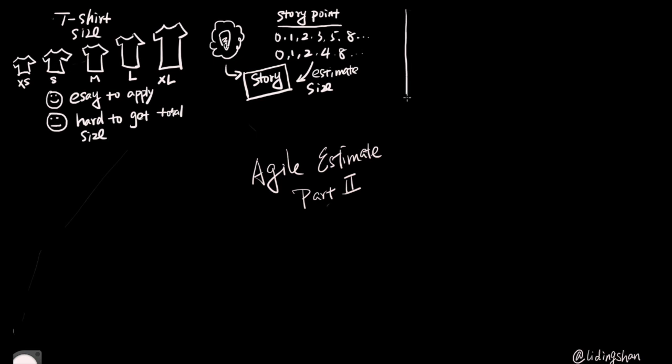You may ask why we don't just use any number. Why these sequences? Well, if you put those numbers in a chart, you can find that it looks like this. The gap between the points is increasing very, very fast.